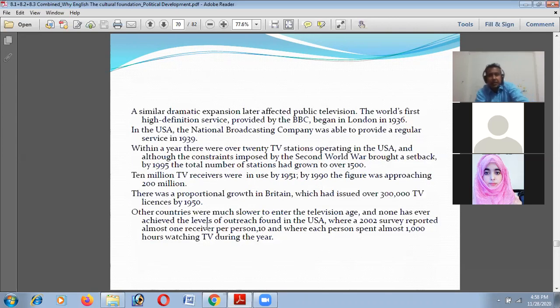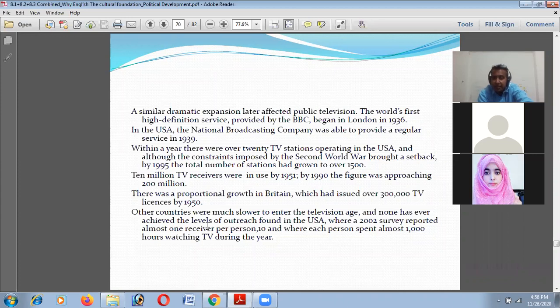A similar dramatic expansion later affected public television. The world's first high definition service, provided by the BBC, began in London in 1936. In the USA, the National Broadcasting Company was able to provide a regular service in 1939. Within a year, there were over 20 TV stations operating in the USA.